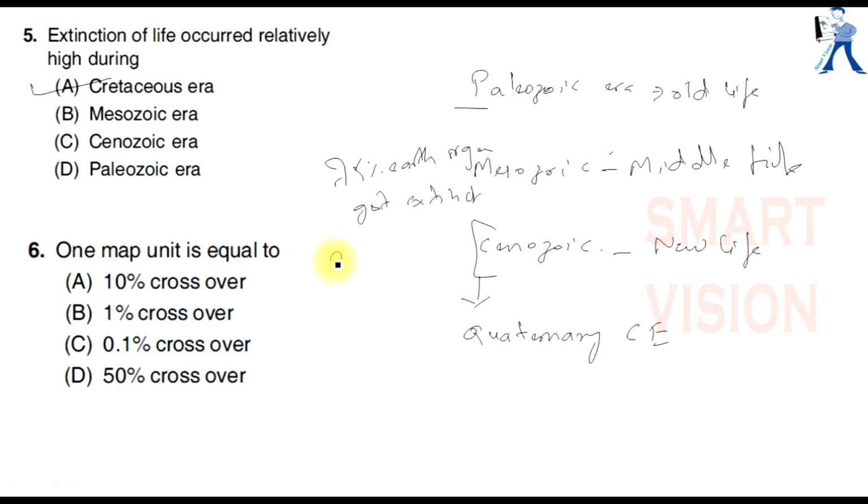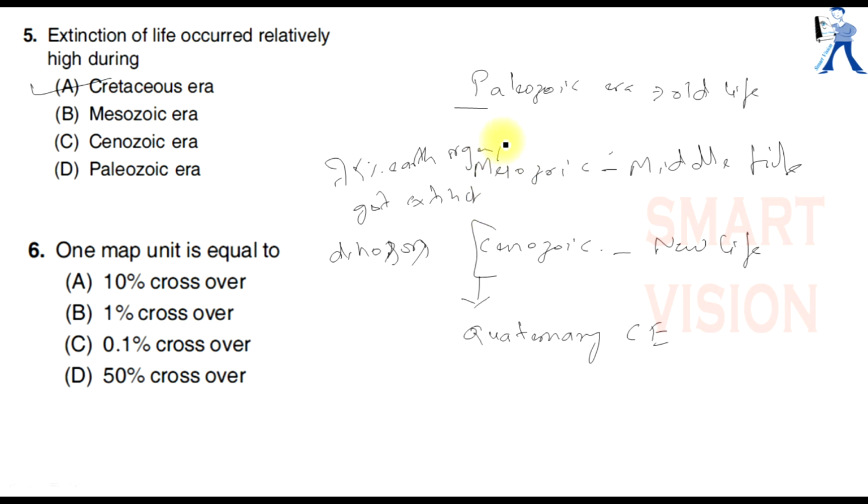In that, dinosaurs are the major animals which became extinct, and it is also called the reptile era. The Cretaceous era is part of the Mesozoic era.